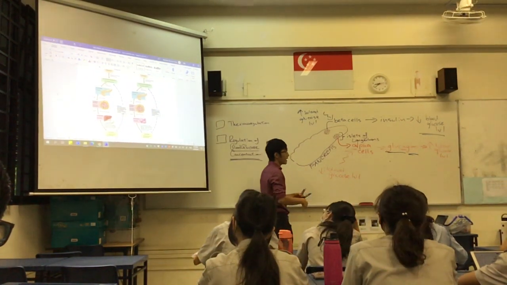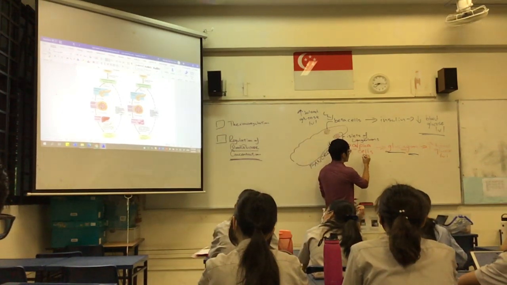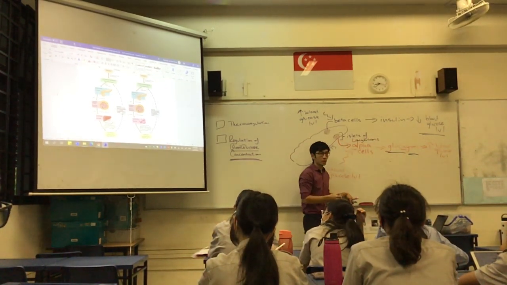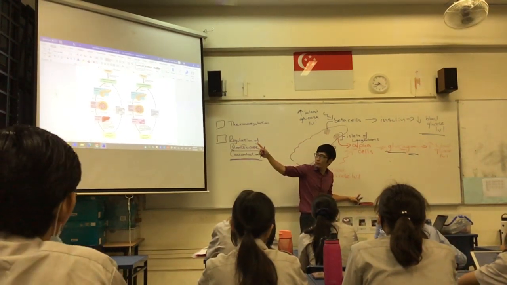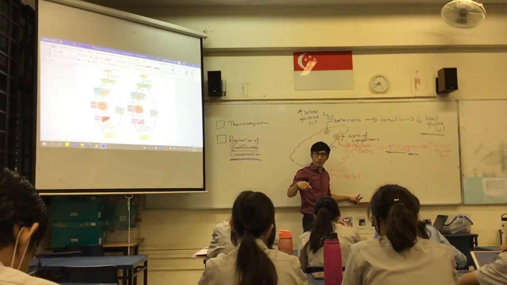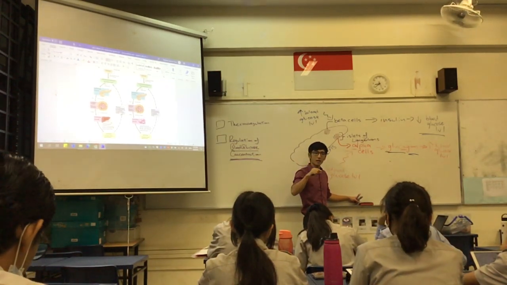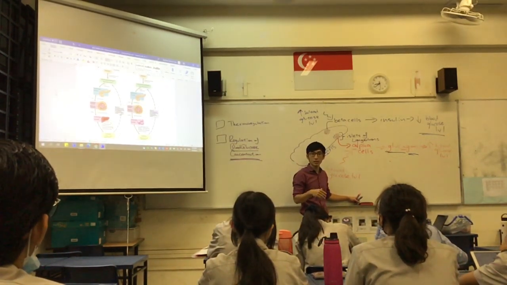So in reality, the alpha cells and the beta cells are receptors by themselves. Right? So when we refer to the receptors in the pancreas, what they're trying to say is all the alpha and beta cells within the pancreas serve as receptors.